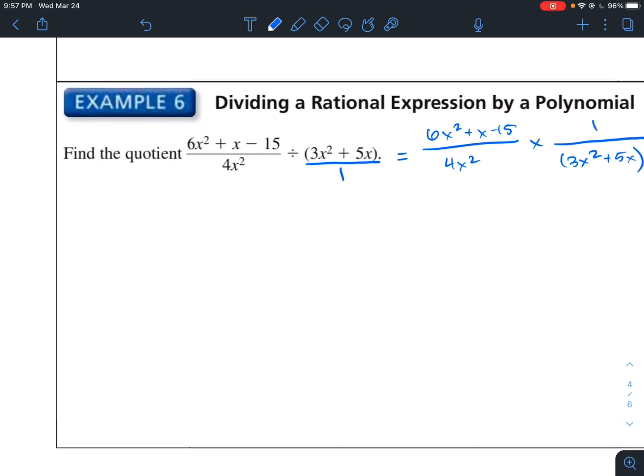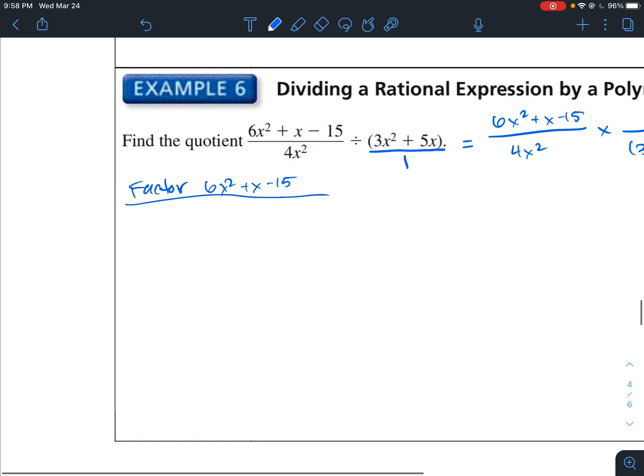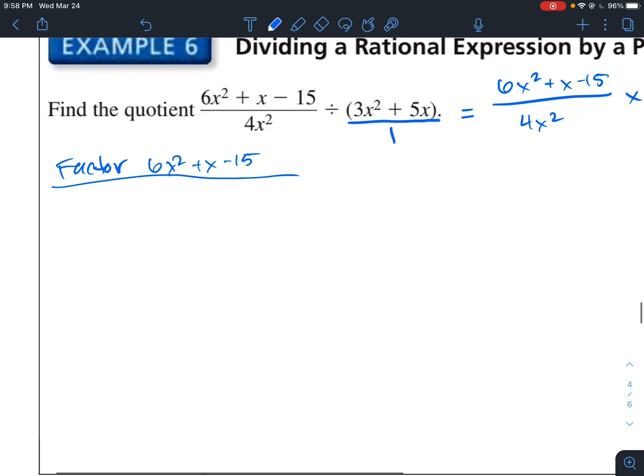And now I need to factor, so let's see what we can factor. So see if we can factor 6x squared plus x minus 15. Okay, so this one's going to be a little bit more challenging, because notice here that a does not equal 1. And so we need to find two numbers. So take a times c, which is 6 times negative 15.